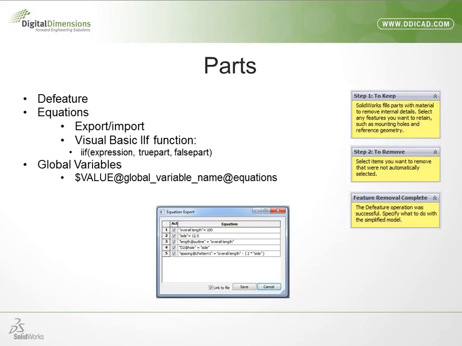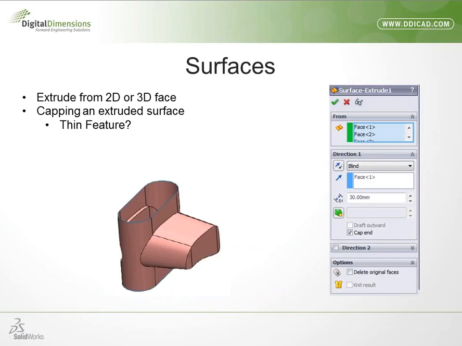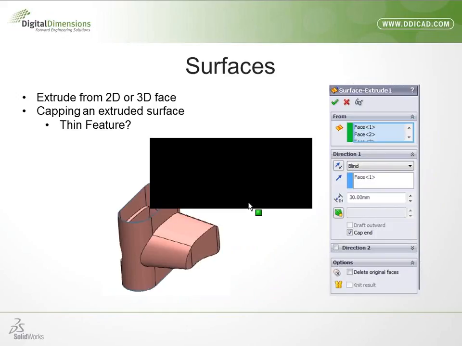In our case, it was $VARA. You can figure out what that is through the help menu as well. But I kind of put some of that in here in this slide. So global variables can be design table specific as well. And it takes us to our last topic here, surfaces. Let's jump over into SOLIDWORKS and take a look at those again.